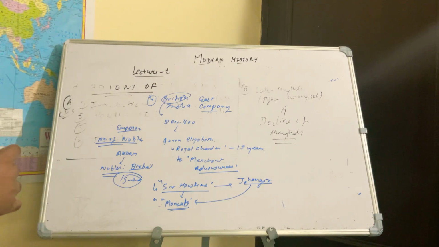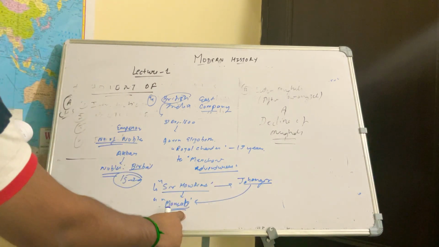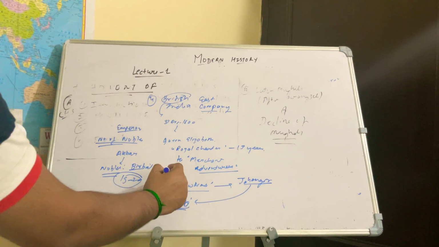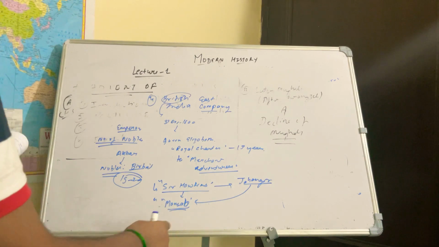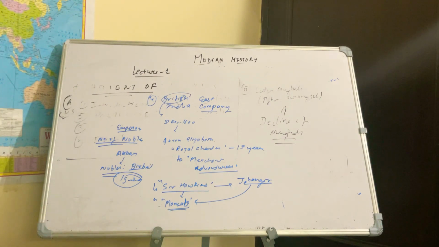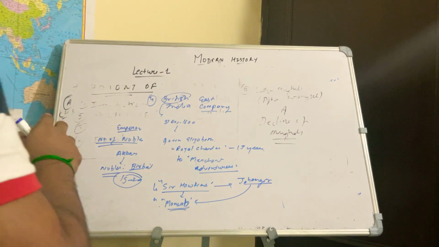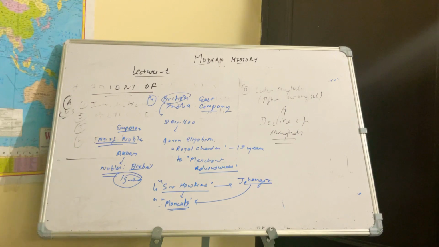So when Jahangir gave the Mansab title to Sir Hawkins, who was from English East India Company, many of his nobles were against this decision, and in their pressure, Jahangir revoked the concession rights which he gave earlier to the Britishers. Now write down the next point.